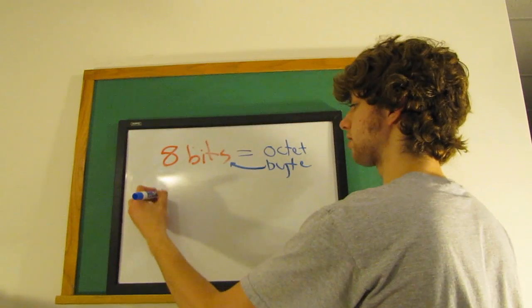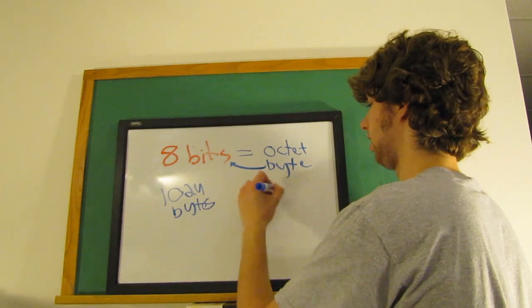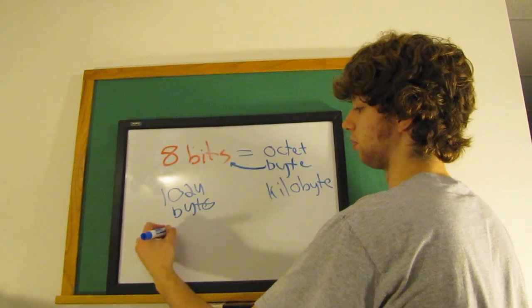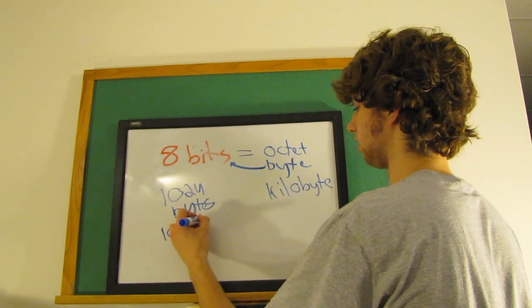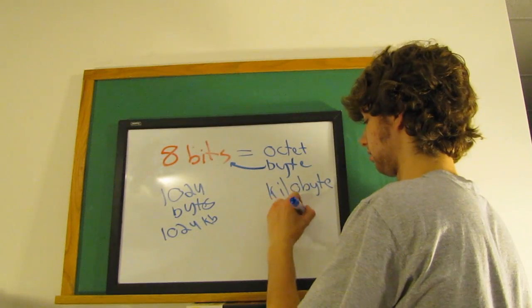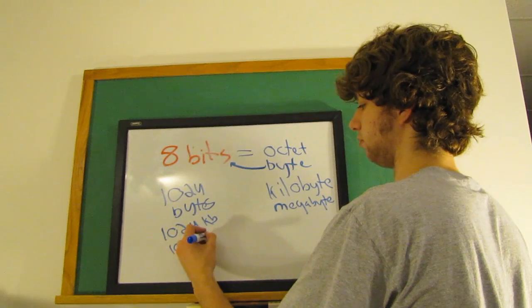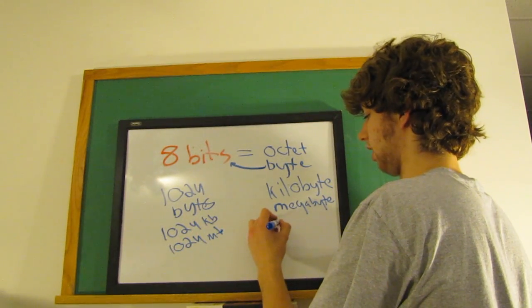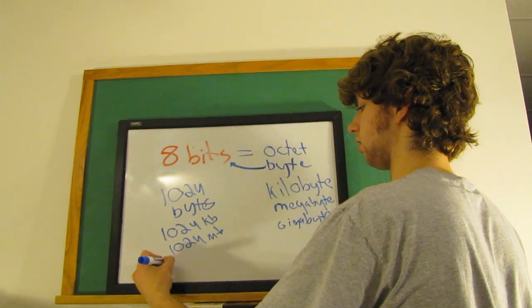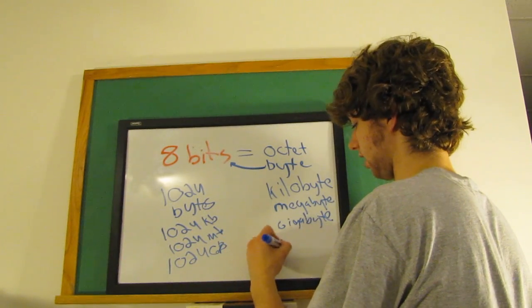So we can represent 1,024 bytes as a kilobyte. The same thing applies, 1,024 kilobytes as a megabyte, 1,024 megabytes as a gigabyte, 1,024 gigabytes as a terabyte.